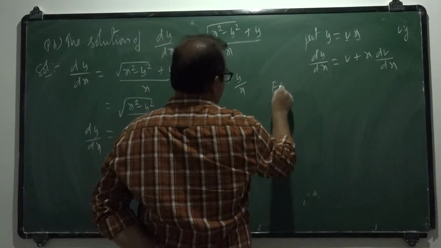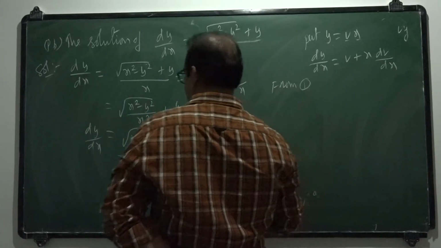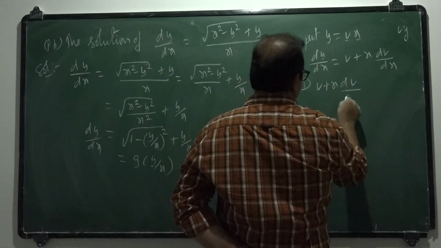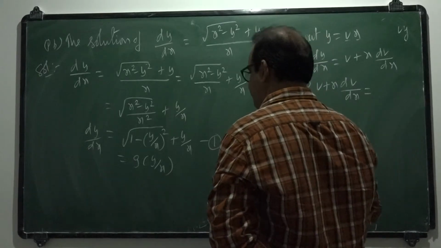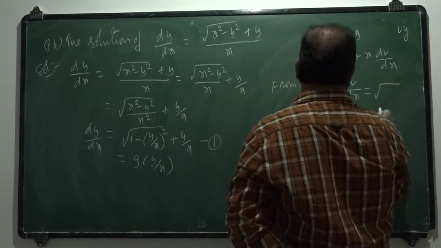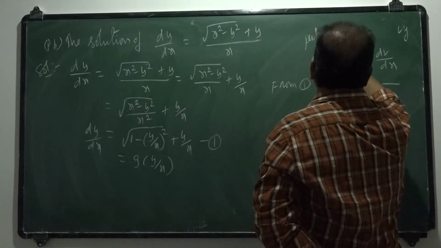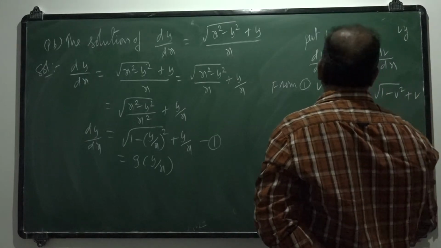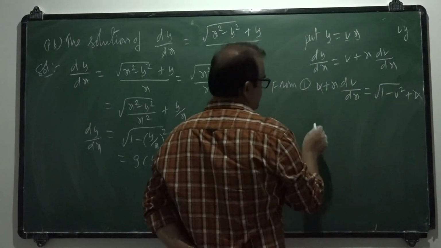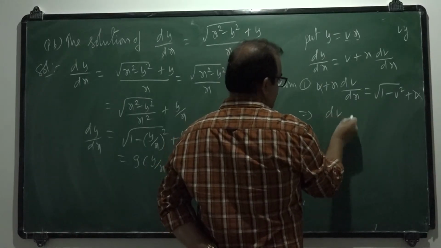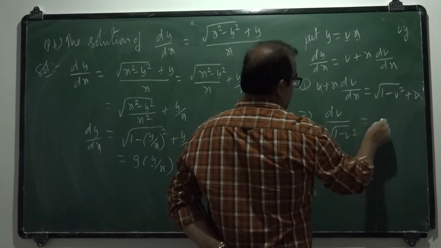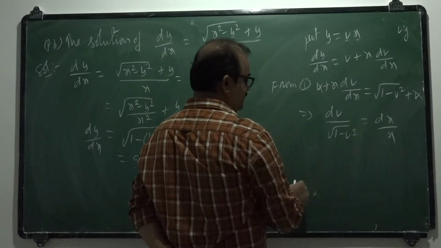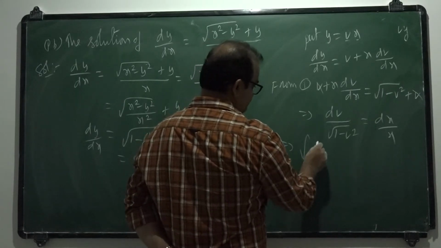Now from equation 1, what is dy by dx? v plus x into dv by dx is equal to square root of 1 minus y by x whole square plus y by x, where y is equal to vx and y by x is equal to v, so it is square root of 1 minus v square plus v. This v and v cancel. Separate the variables and write it as dx by x. Once the variables are separated, integrate.